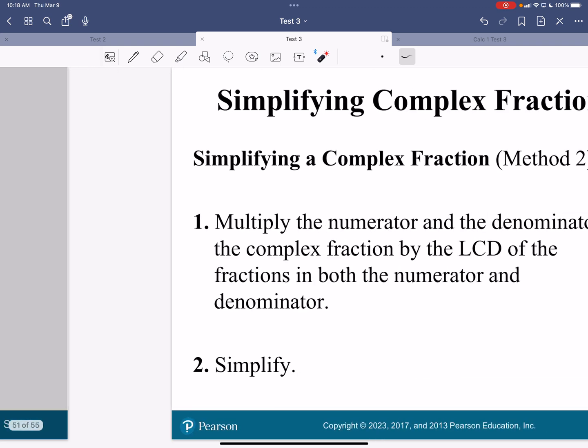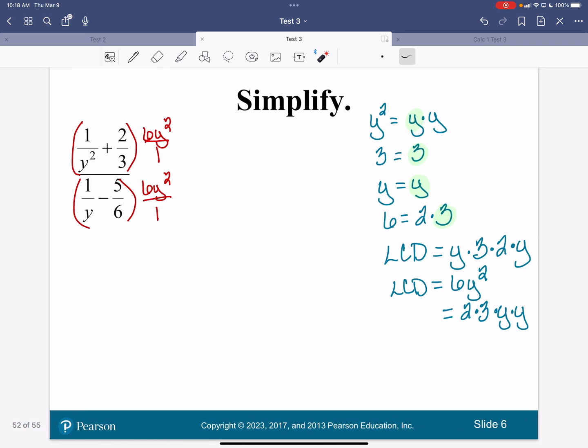So I'm really writing this to keep it straight that 6y squared over 1 is what I'm multiplying by, because this has a denominator and this has a denominator. Now, some people don't write the 1, and that's okay. Yeah, I understand. You kind of got to process it for a second. Okay, so now I'm going to multiply.